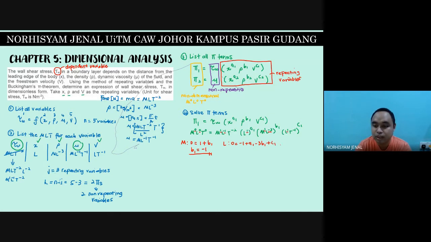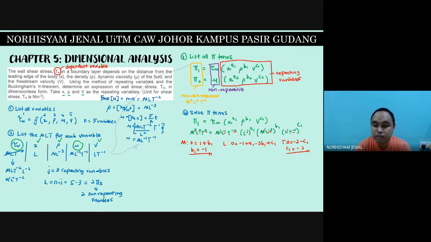Okay, so once again, this is an unknown, right? So we leave it that way. So for T here, 0 equals to negative 2, and then minus C1. So C1 is equal to negative 2.